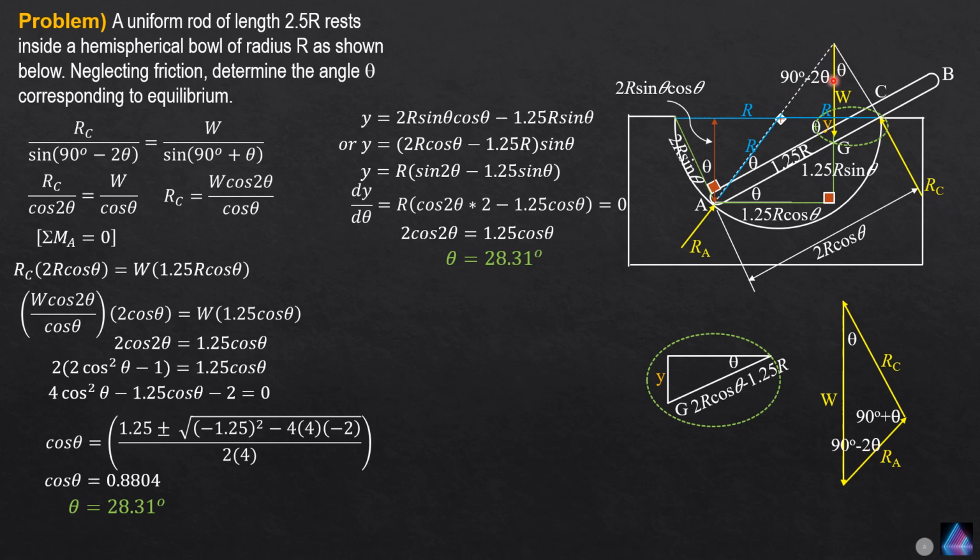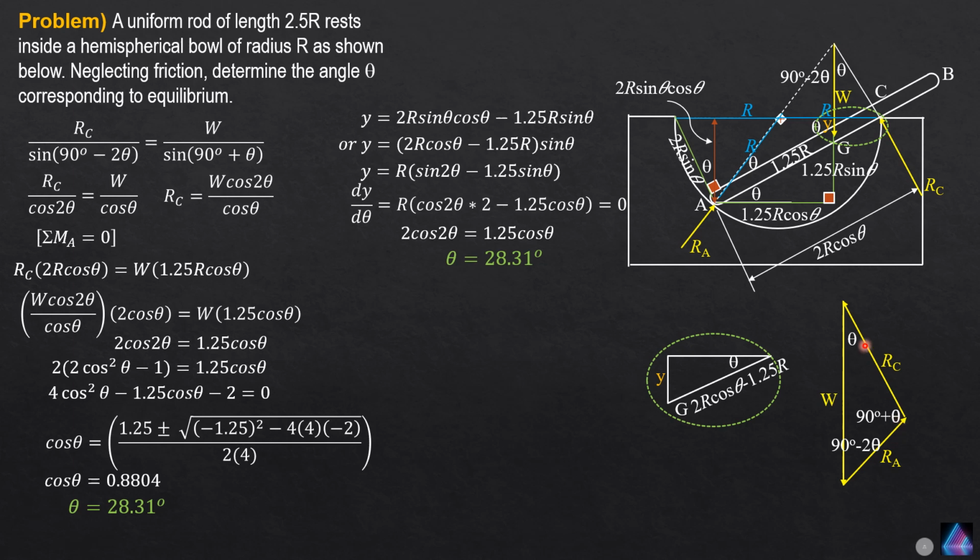This is R sub C, which makes with the vertical theta, and therefore this remaining angle is 180 degrees minus theta minus the quantity 90 degrees minus 2 theta. So that's why that is 90 degrees plus theta. So if you add all these three angles, it should be 180 degrees, right?